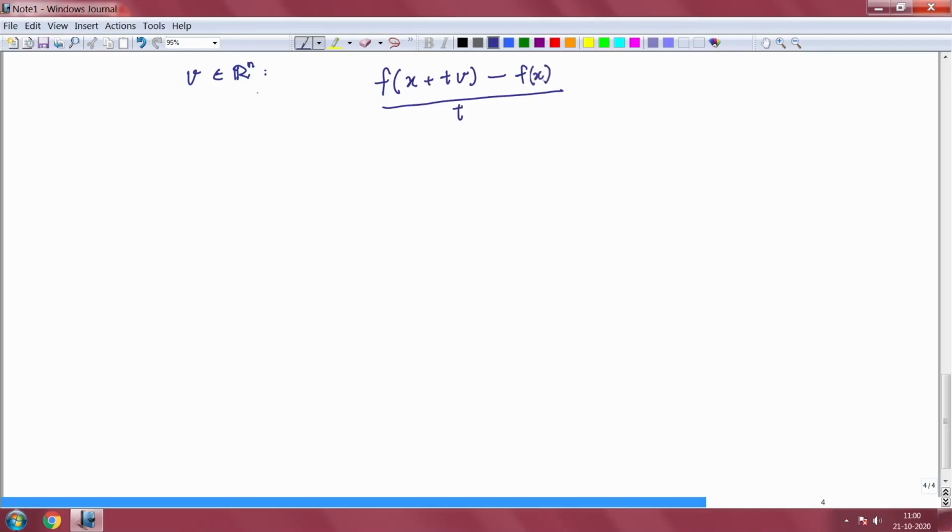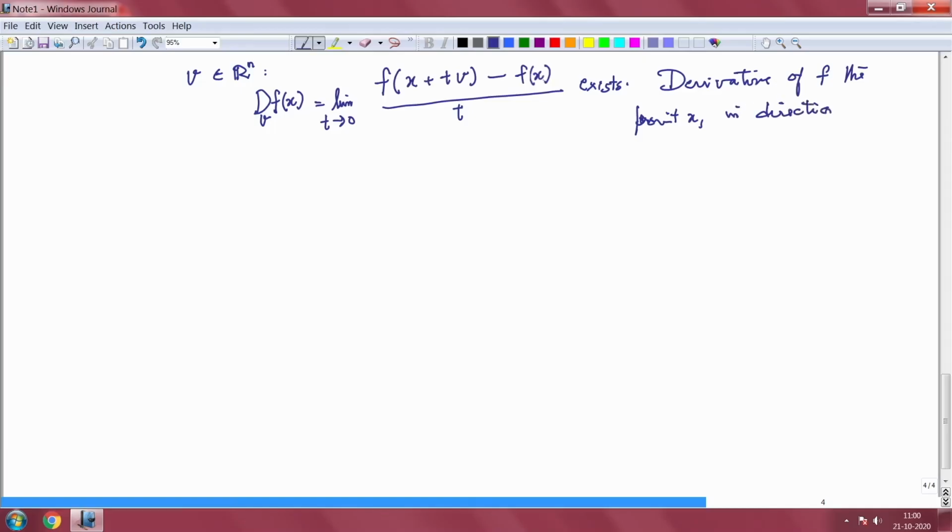If the limit as t tends to 0 exists, then you call it the derivative of f at the point x in direction v.